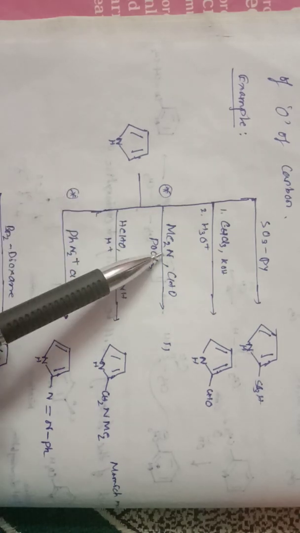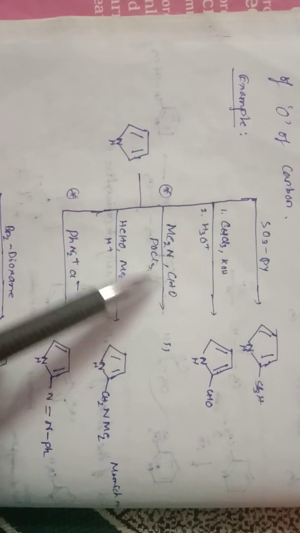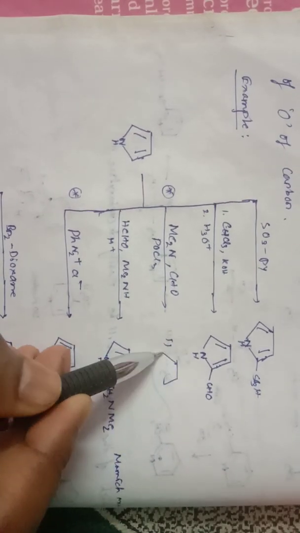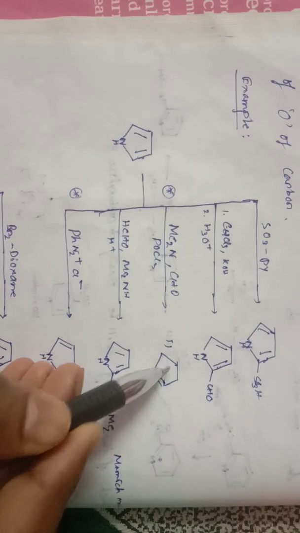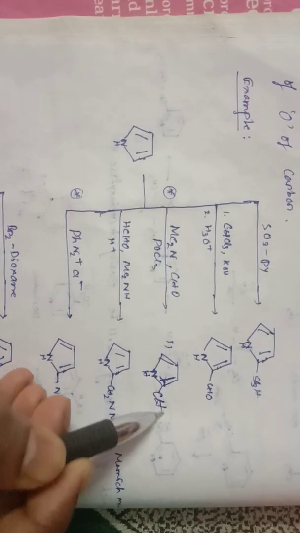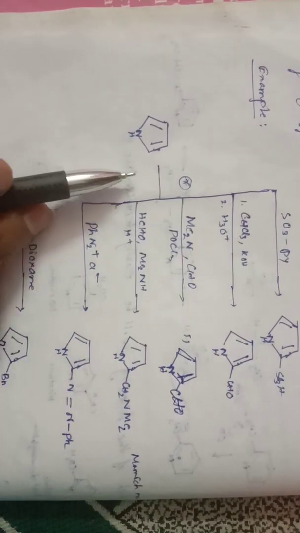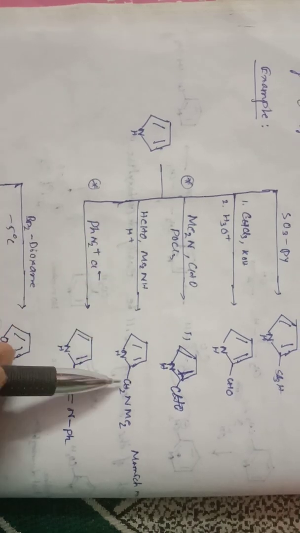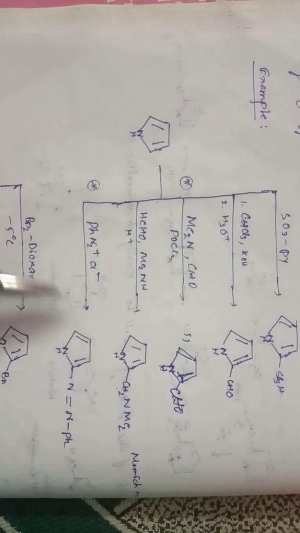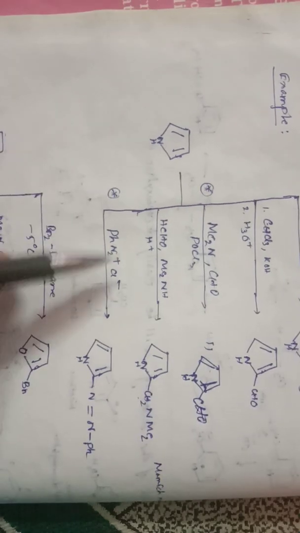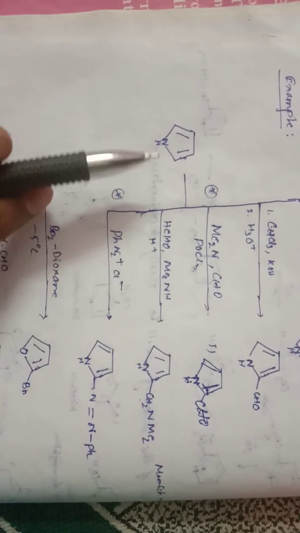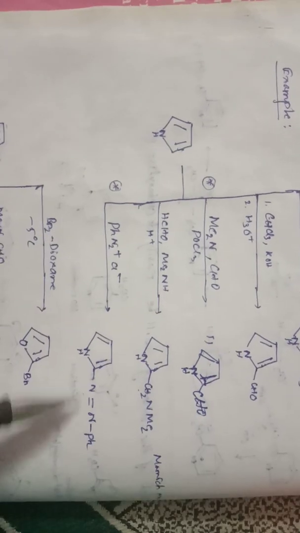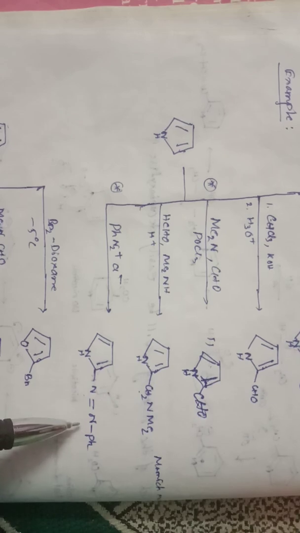When we react with Me2NCHO and POCl3, here also the CHO group forms at the C2 position. Now the Mannich reaction: this CH2NMe2 group is also present at the C2 position. When we react with diazonium chloride, we also get this azo compound at the C2 position.